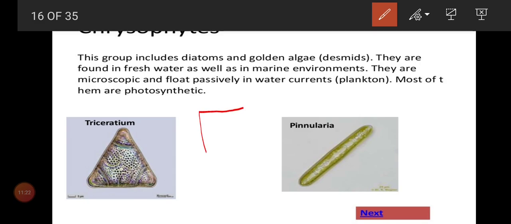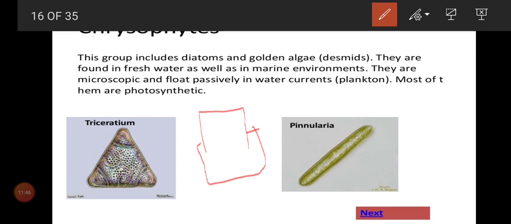How we have a soap box, one lid closes over the other. Like that the cell wall protects the organism very safely, and it is very hard also.